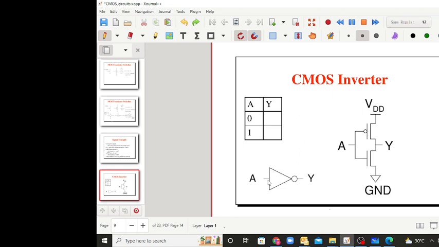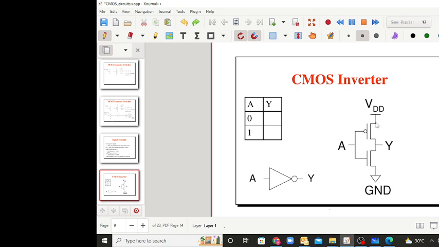If there is only one input to the gate, you will have one NMOS transistor and one PMOS transistor. The NMOS transistor will always be on the lower side, connected to the ground, and the PMOS transistor will be drawn on the upper portion of your circuit, connected to VDD.